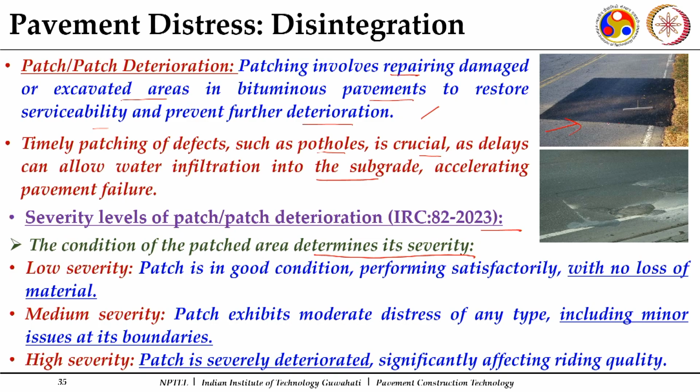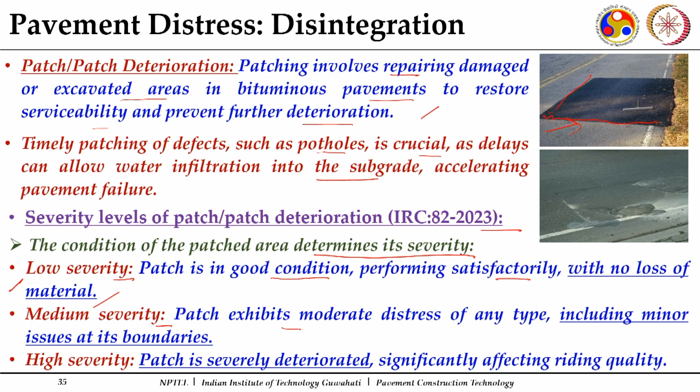This is a patch which is quite intact. So I can have a low severity patch, which is a patch in good condition performing satisfactorily with no loss of material. There may be some discomfort, but it is a low severity case. Then medium severity, which usually happens at the edges, where you have some minor issues, with some loss of material at the edges.